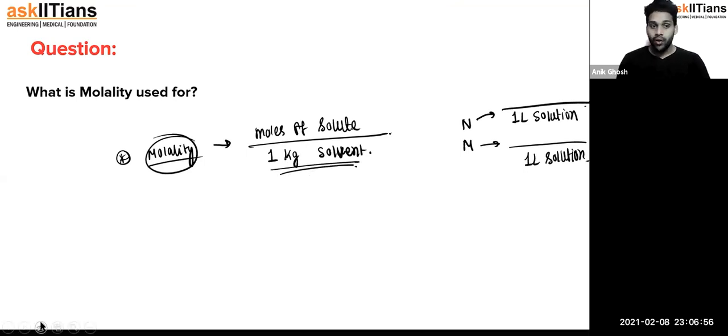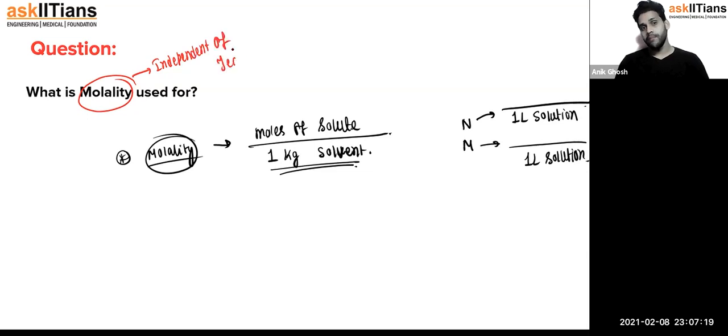Now, let me tell you, in most of the cases, when we are doing something in our lab, we try to use this molality term only. Let me tell you why. Because molality is independent of temperature. Just remember this thing. Why? You don't have to remember, just try to understand it.